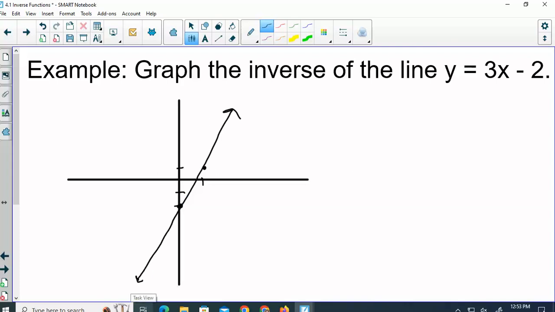So there's my function. To me, the easiest way to graph the inverse is just to look at these points. This was the point 0, -2. So what point is on the inverse? This is 1, 1. So the inverse is still, and we've got 2 points that we can draw.